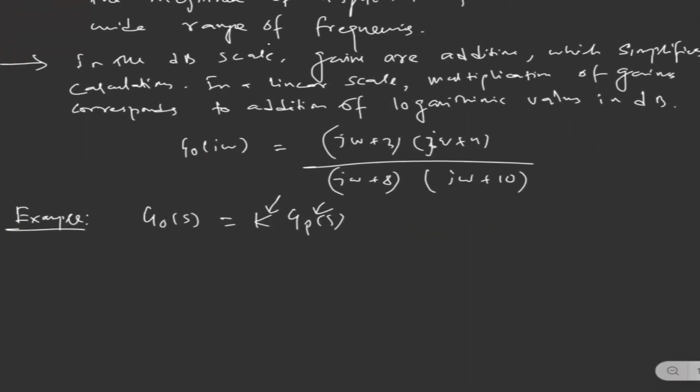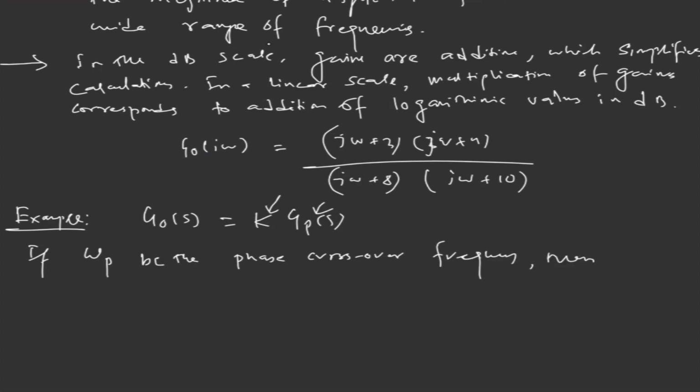And if omega p is the phase crossover frequency, then we can write the magnitude of G naught j omega as K into Gp j omega.